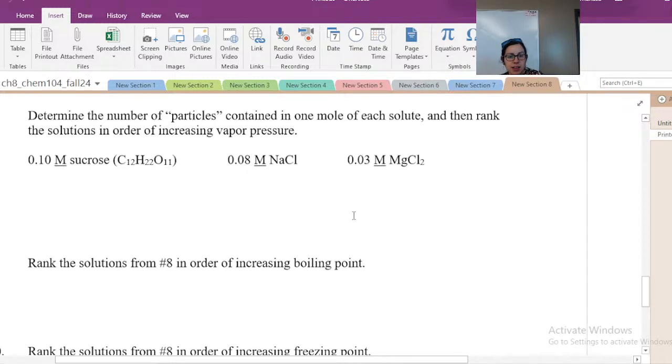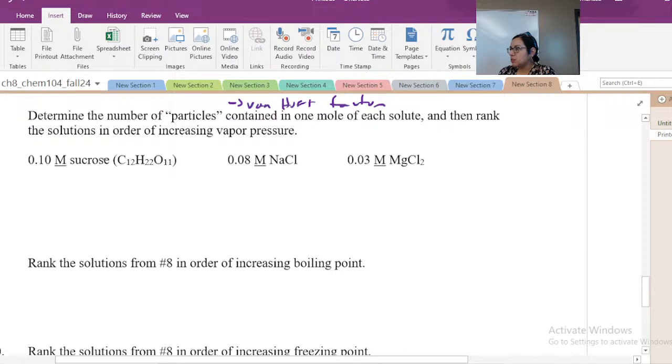Yeah, so that's the trick here. Let's go over that now. It's talking about particles in quotes, but what it's trying to get you to think of is that van 't Hoff factor. All you need to do is figure out what my true molarity is.